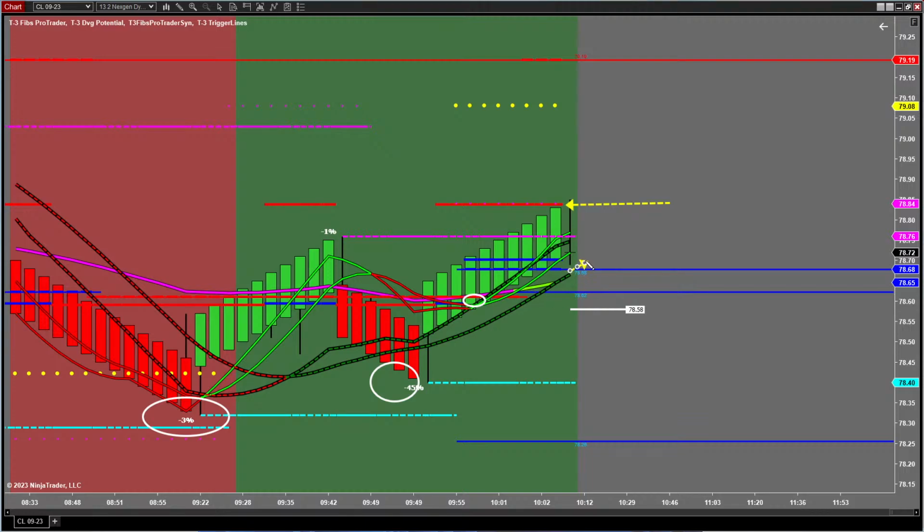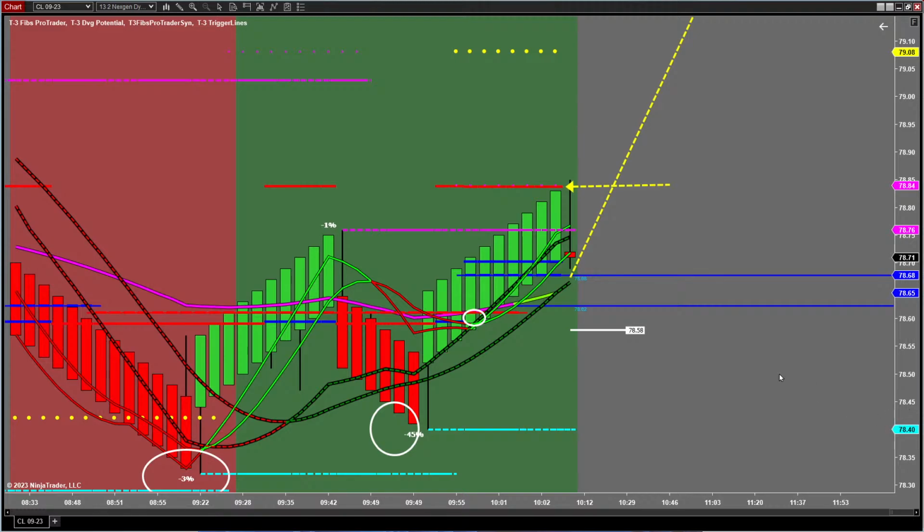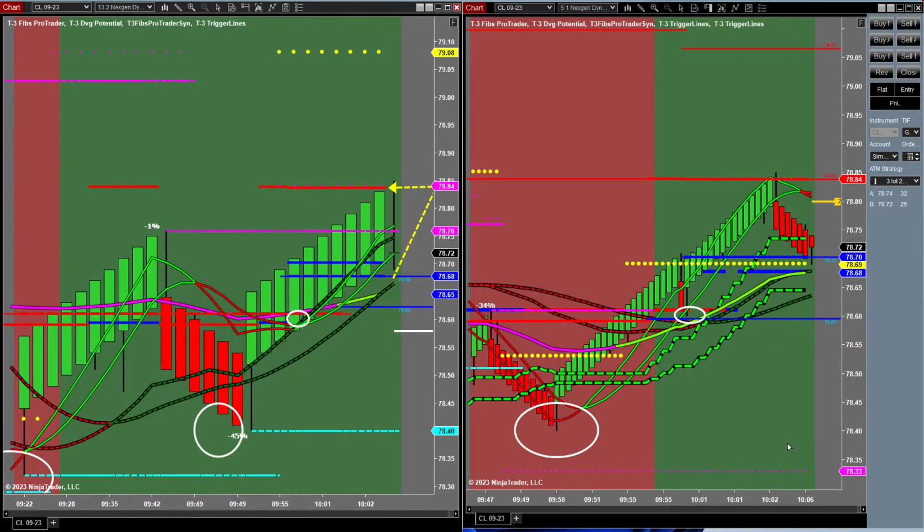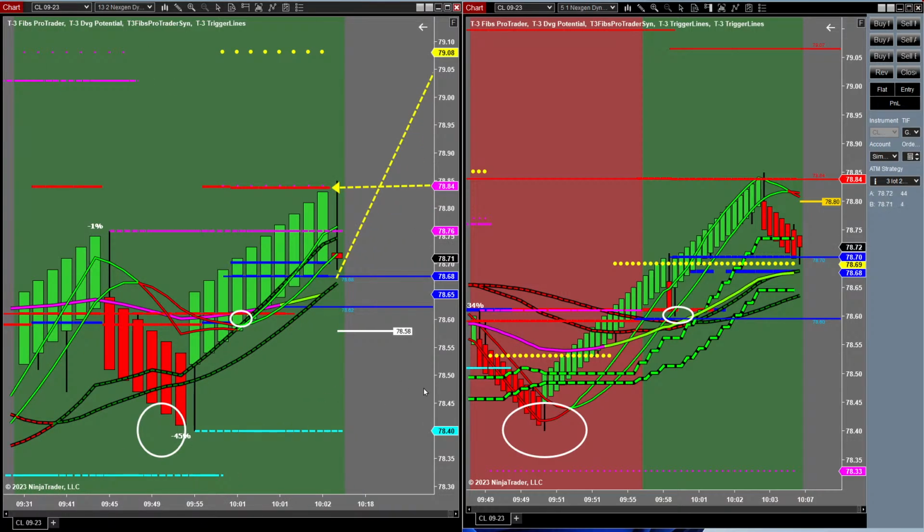Do we have the anticipation that we're going to go higher? So we have a pivot stop out and we have resistance. Do we want to trade into it? That's the question. What do you guys think? What's your answer?